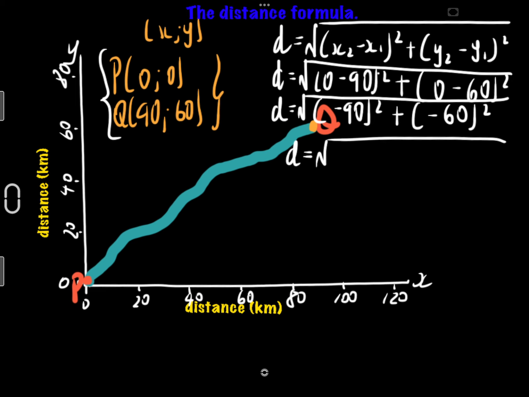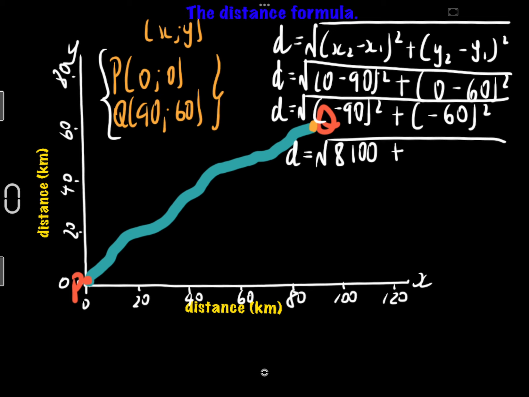Any negative value raised to the second power will always yield a positive answer. So negative 90 squared gives us 8,100, because negative times negative gives us positive.